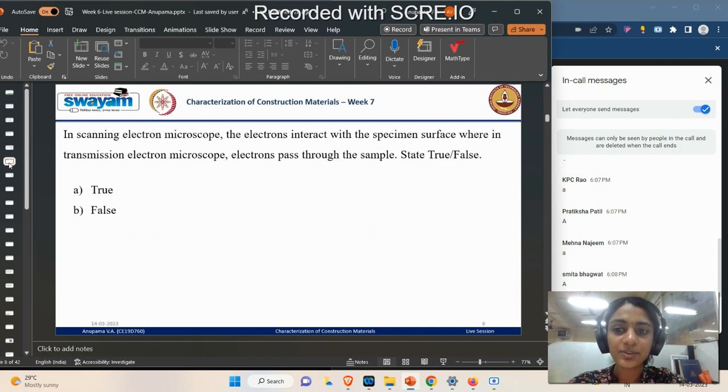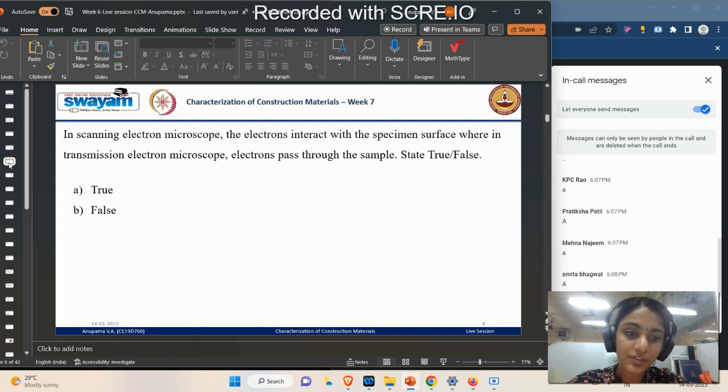In scanning electron microscope, the electrons interact with the specimen surface, whereas in transmission electron microscope, electrons pass through the sample. State true or false. So, in the case of a scanning electron microscope, the electrons just interact with the specimen surface. It doesn't pass through.